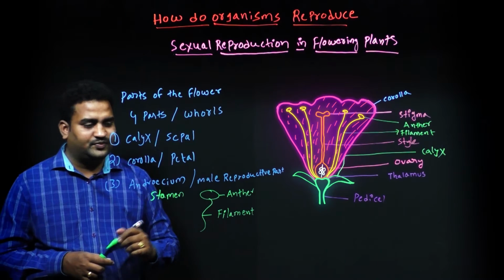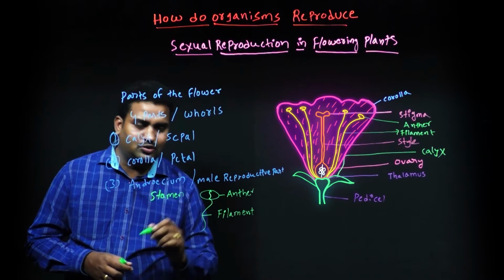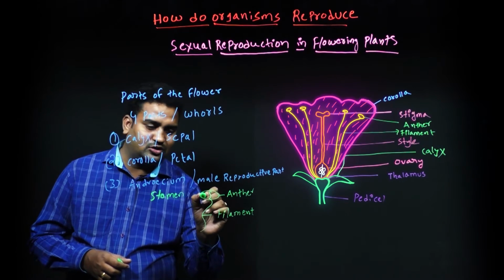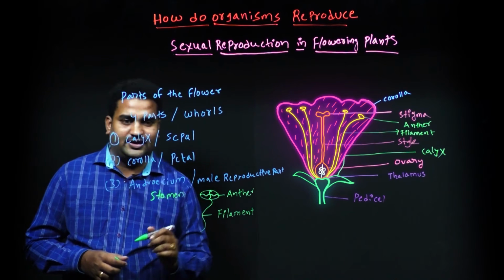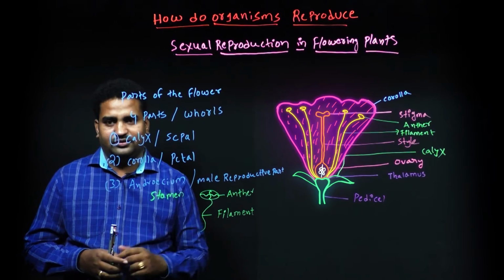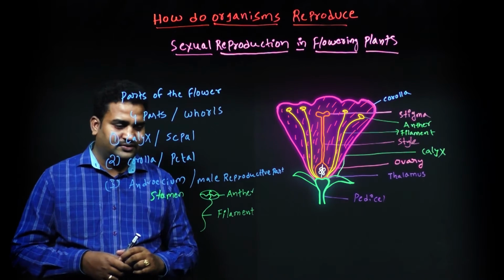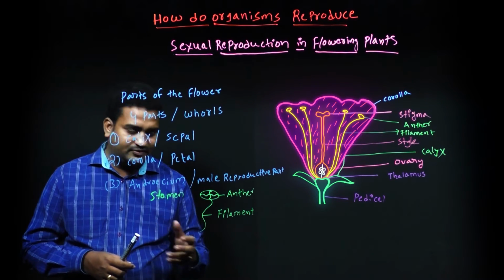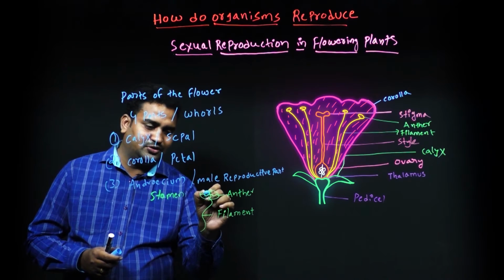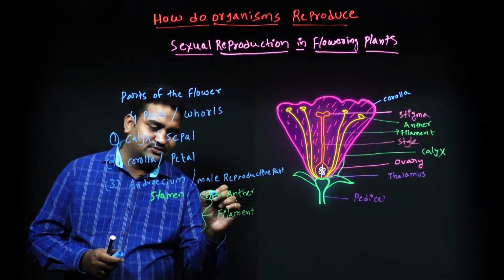Generally anther contains two lobes, and each lobe contains one theca. That's why anther is bilobed and dithecous. Each theca of the anther contains sporogenous tissue that produces the pollen grains.